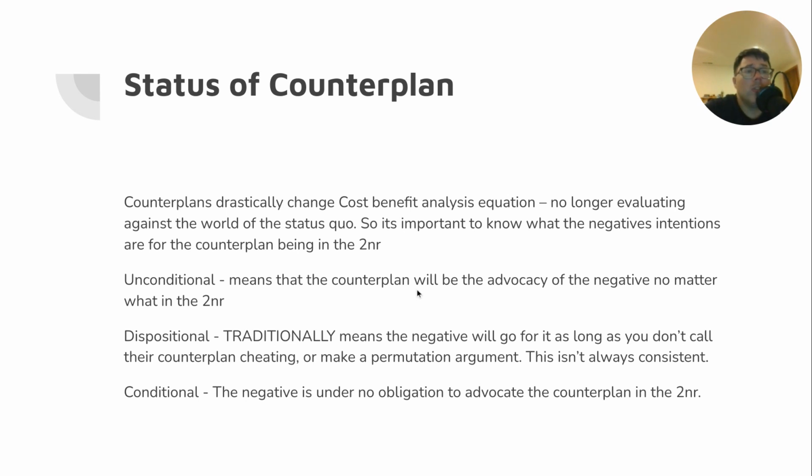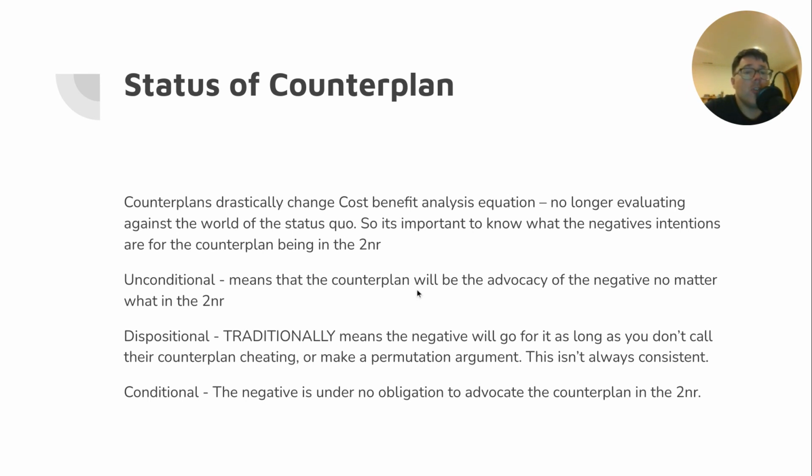This is a very old school concept that usually isn't talked about much anymore, but it means that the negative will go for the counterplan in the 2NR as long as there is not a permutation made from the affirmative and there are no theory arguments as to why the counterplan is illegitimate. But people kind of have warped this definition, and so it's always important to ask what they mean by dispositional in order to kind of know what conditions they can get rid of a counterplan.